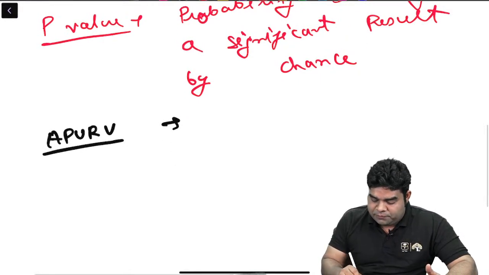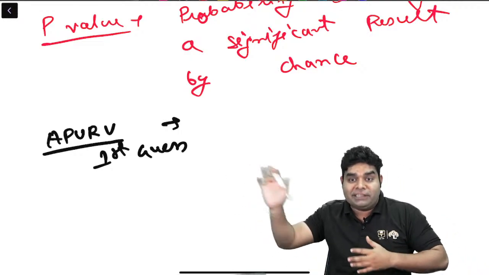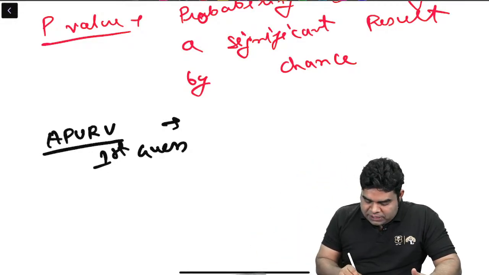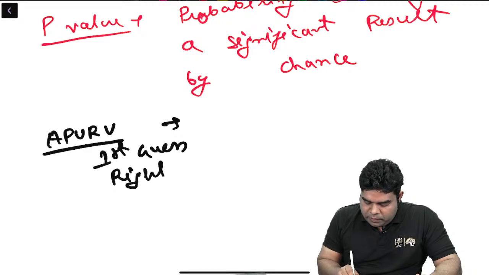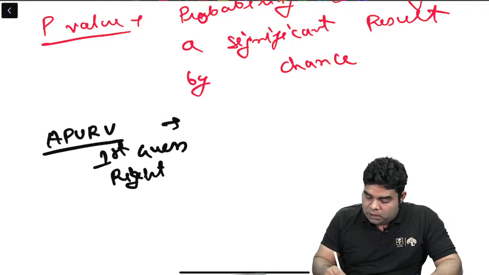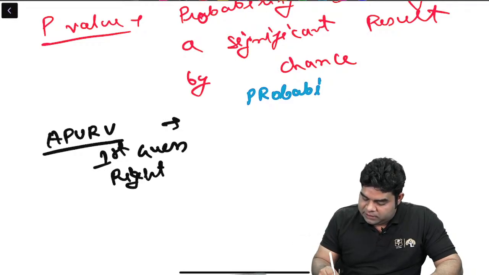And he made his first guess about a relationship. There was a couple, and Apurv said that yes, this couple will end in 3 months. And they exactly ended in 3 months. So the first guess became right. Now, what is the probability that Apurv is an expert, and what is the probability that he got this one correct result by chance?